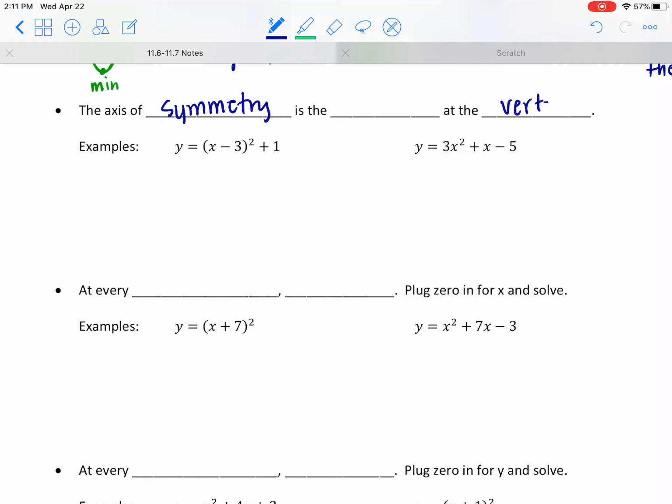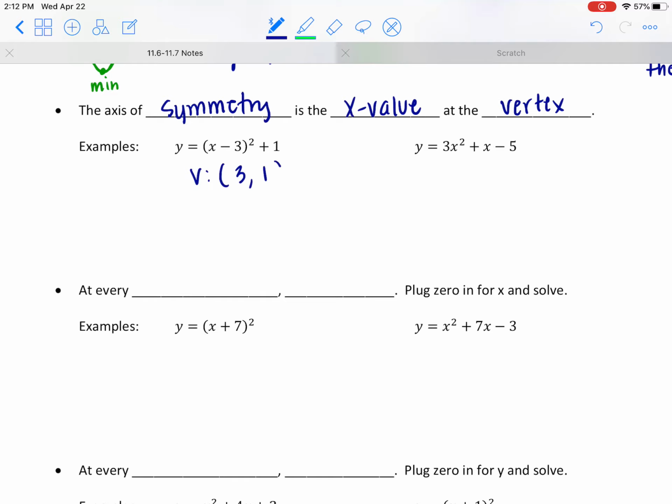Okay? All right, the next piece we have to be able to identify is our axis of symmetry. And the axis of symmetry, we know, again, has to go through the vertex. And we said it's always an x equals number, an x equals equation, and so it has to match the x value at the vertex.